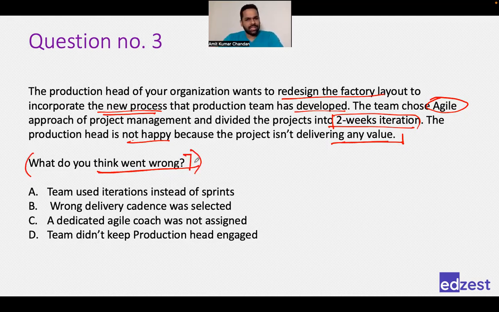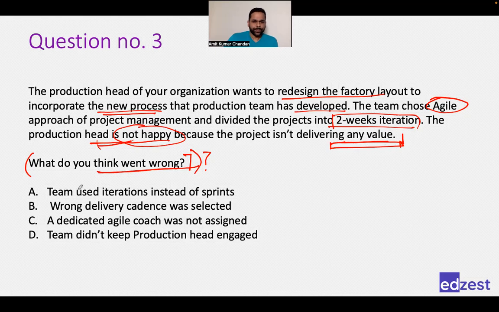This suggests that whatever the production head is not happy about is correct. Whether they are not happy about the correct thing or wrong thing is not a question. The question is, what went wrong? We have to identify what we did not do or what we did wrong because of which the head is not happy. And why is he or she not happy? Because the project is not delivering any value.